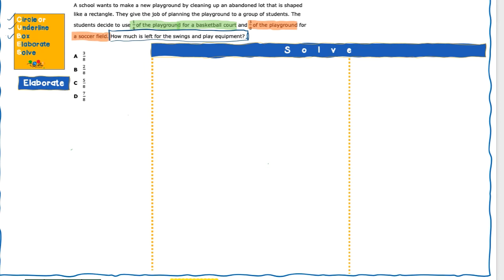What we're gonna do next is do the elaborate section, and for elaborate, in this case, since I have fractions of a playground and they said that it looks like a rectangle, I choose to do fraction bars with rectangles. That's what I'm gonna draw to help me understand what's going on in this situation.